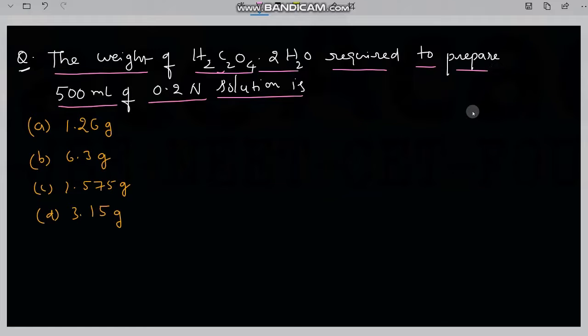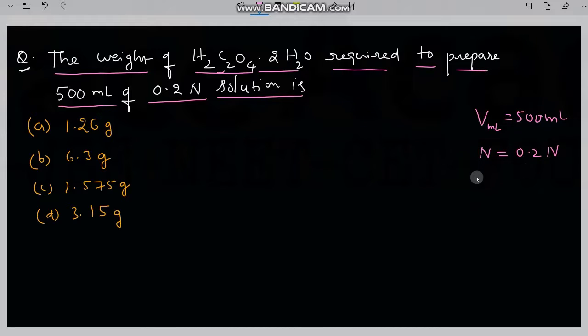Before that, we must know the volume of the solution given in the problem. The volume of the solution is equal to 500 ml. We will take that down. Moreover, normality is also given. Normality is equal to 0.2N. No need to calculate the normality, it is given.